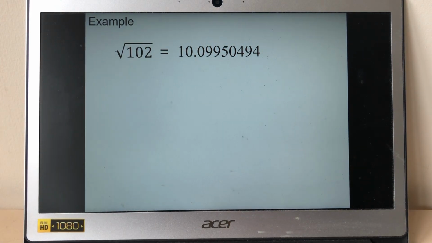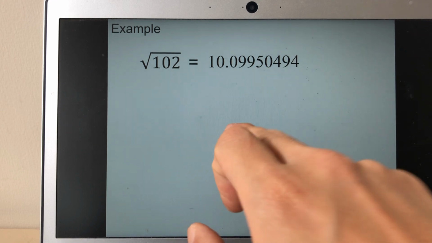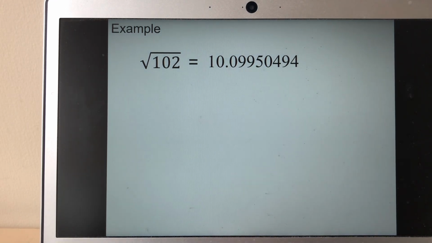So usually we have to give our answer in a standard format. Say, correct to 3 significant figures. So let's try to rewrite this number into 3 significant figures.